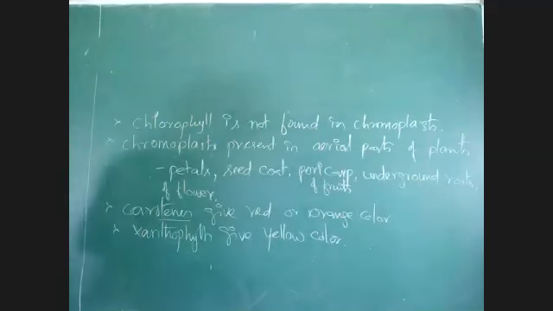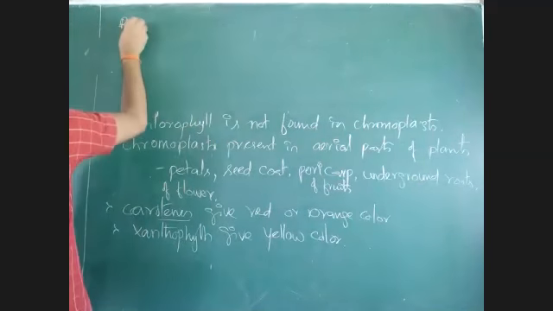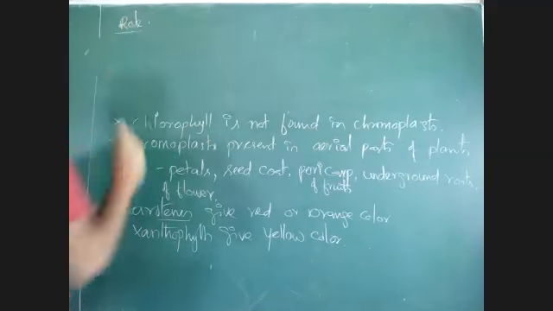What are the functions? Role, especially in petals of flowers. These petals of flowers have chromoplast, and due to the presence of that chromoplast, petals are very bright in color.